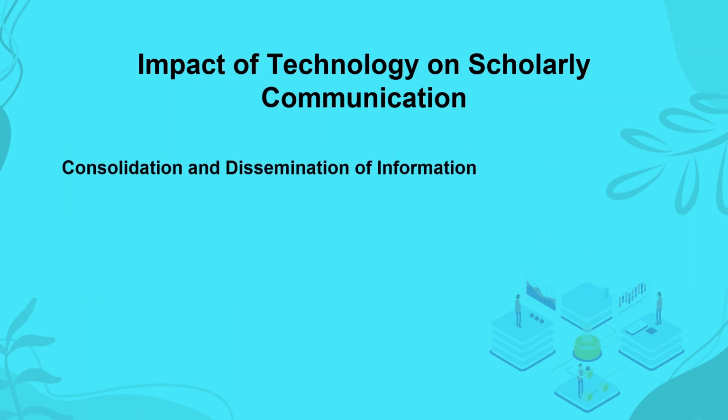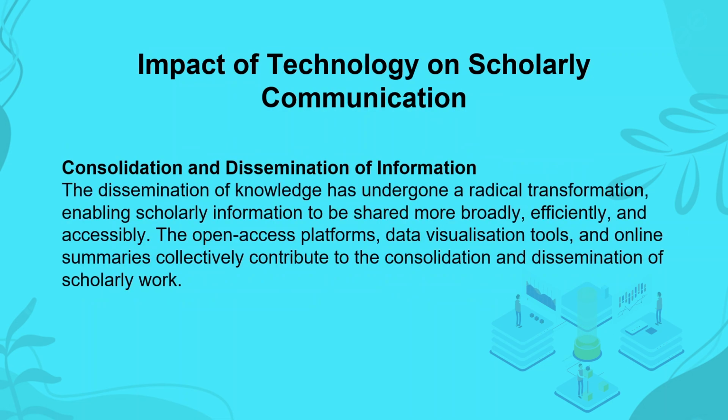Now, consolidation and dissemination. The dissemination of knowledge has undergone a radical transformation, enabling scholarly information to be shared more broadly and efficiently, and made more accessible. Open access platforms, data visualization tools, and online summaries collectively contribute to the consolidation and dissemination of scholarly works.